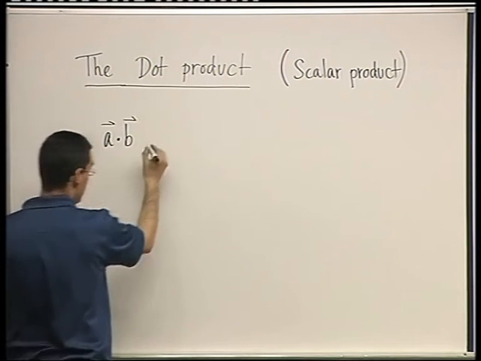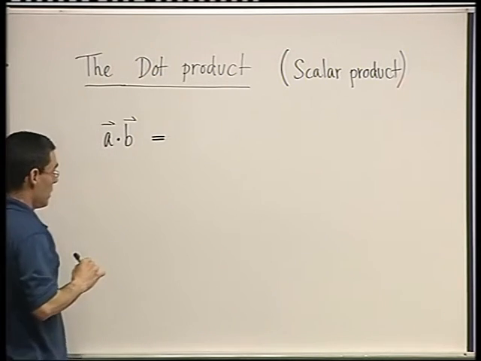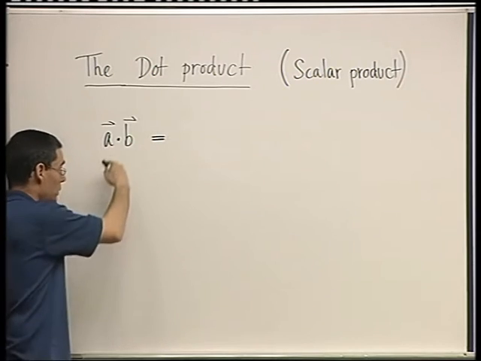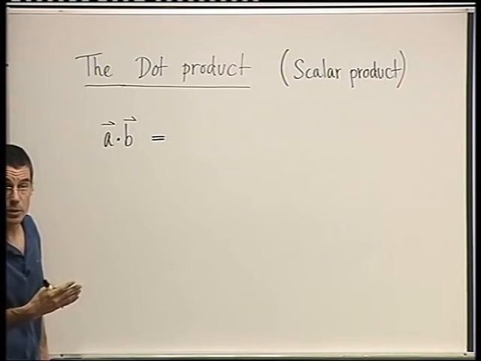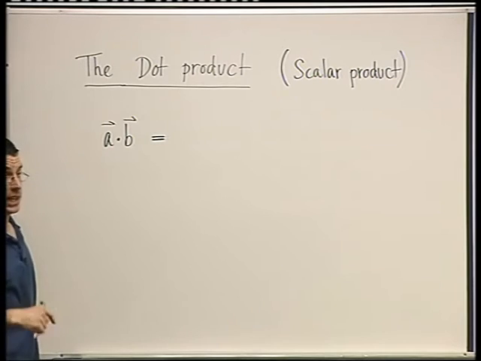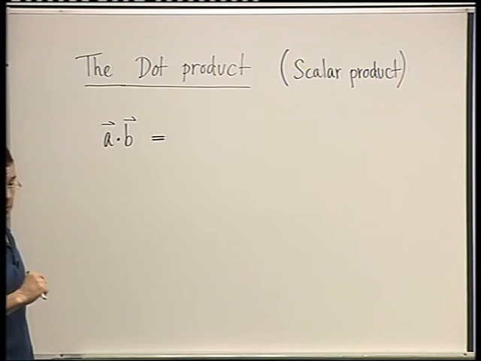How do I define it? So the definition is the following. Since we started things from the geometric point of view, I'm going to continue with that line, so I'm going to define it geometrically first.